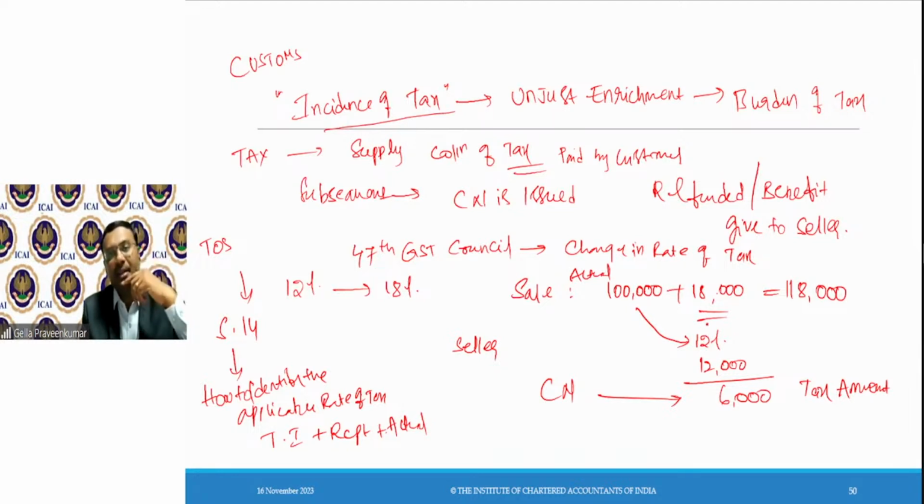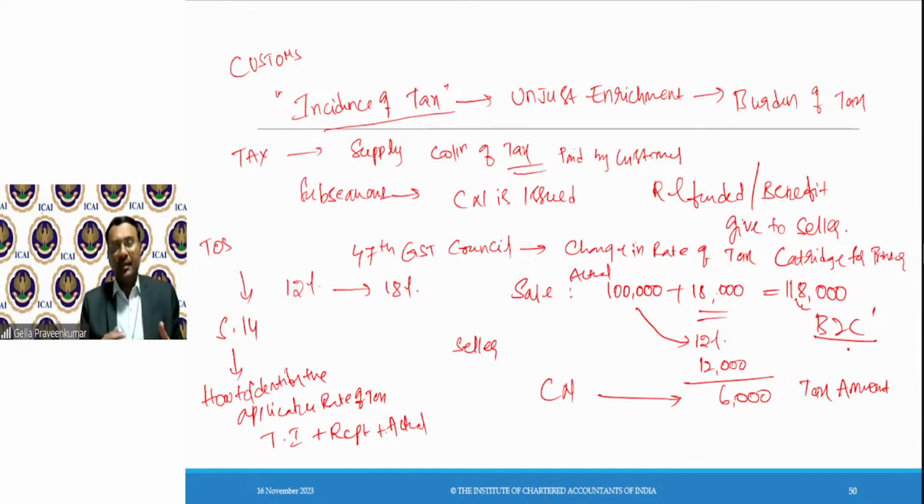Now let's take an example of this. There is a cartridge for a printer. Say, I as an individual customer, I went to the market, I purchased a cartridge on which I paid the shop owner 1 lakh plus 18,000. And this was reported as a B2C transaction. Why a B2C transaction?